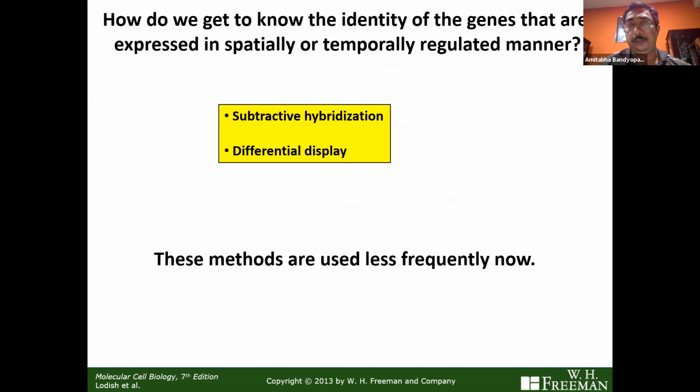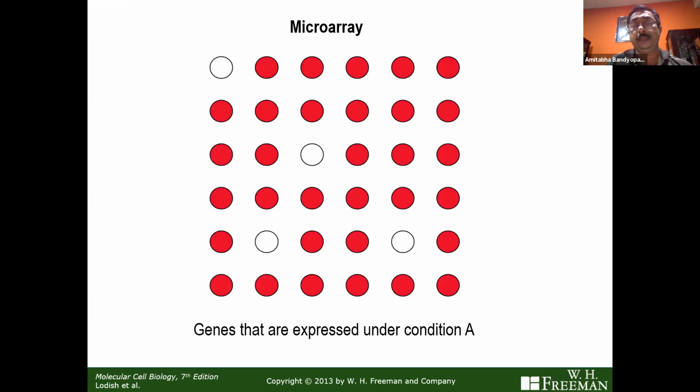I have represented it schematically like this: imagine this is a whole microarray and you isolated mRNAs when cells were grown under condition A, and it can be any condition, okay?